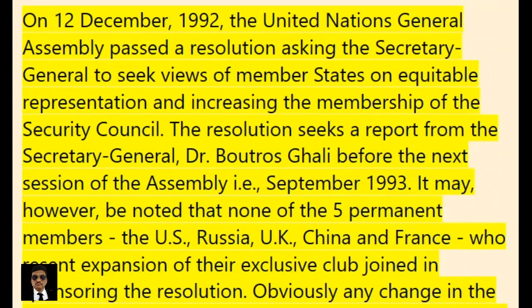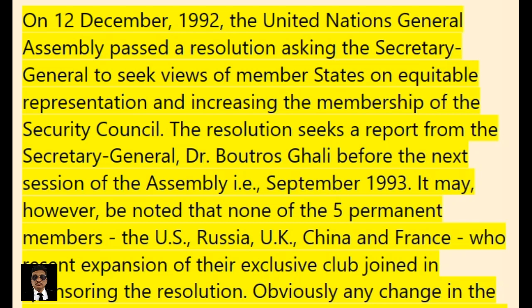On 12 December 1992, the United Nations General Assembly passed a resolution asking the Secretary-General to seek views of member states on equitable representation and increasing the membership of the Security Council. The resolution seeks a report from the Secretary-General, Dr. Boutros Ghali, before the next session of the Assembly, i.e., September 1993.